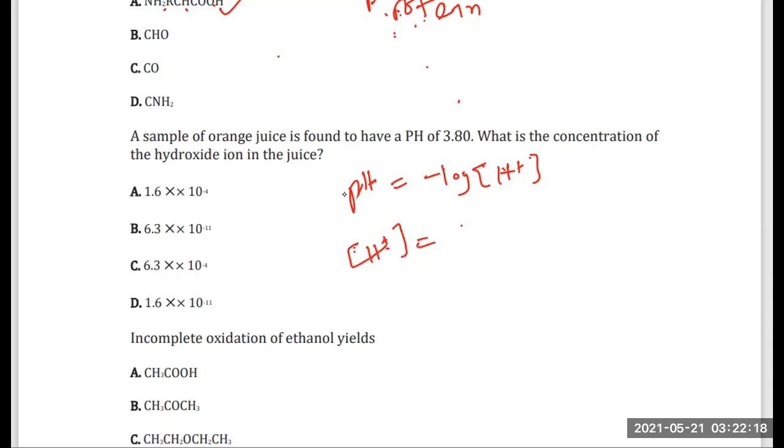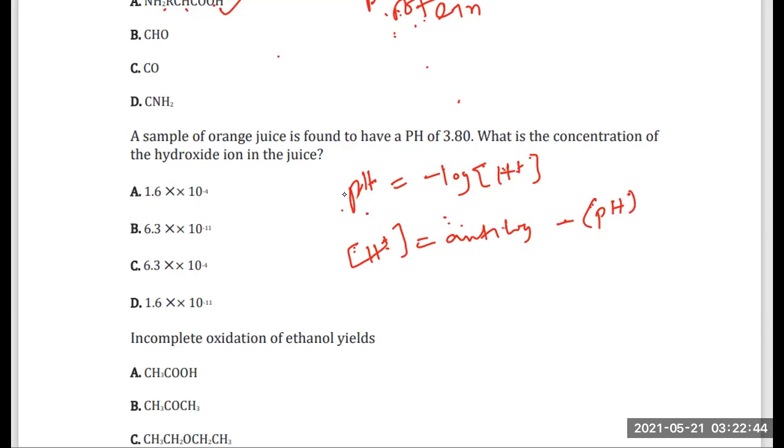the hydrogen ion concentration will be the antilog of minus the pH.